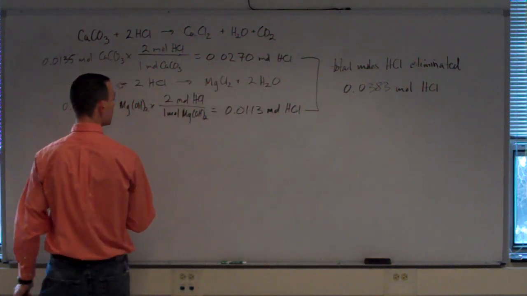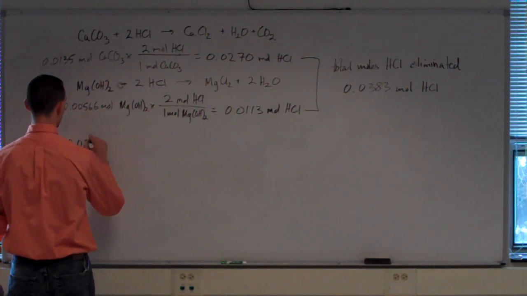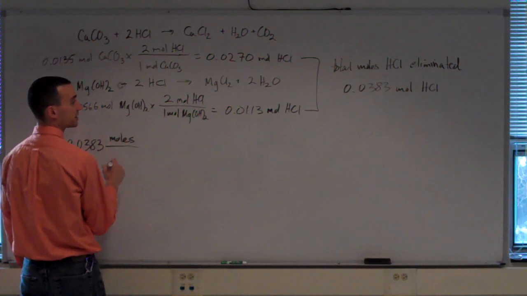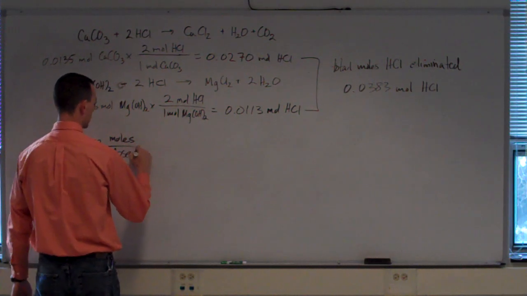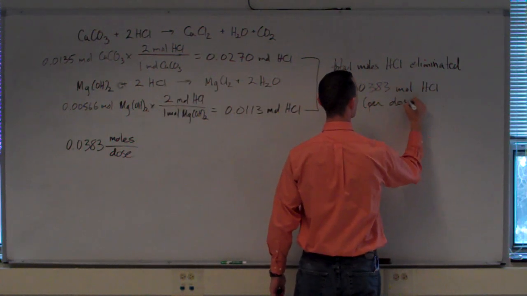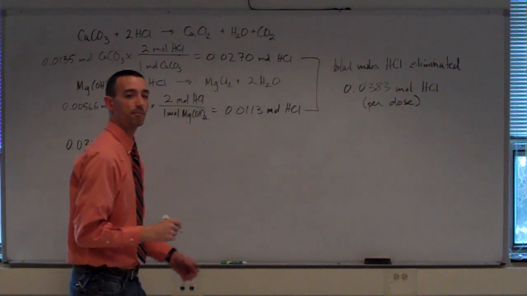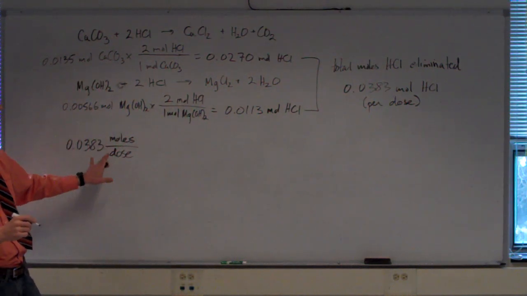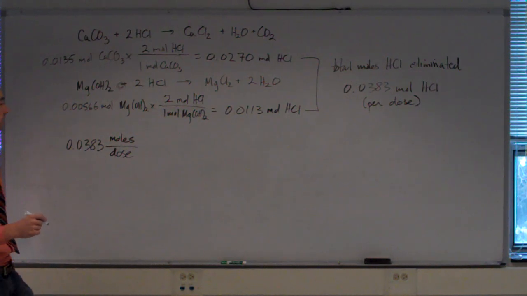So we'll begin question 3 with the 0.0383 moles neutralized per dose. Again, this is really per dose. When we have "per," that implies a denominator or a division. So we've got moles of HCl eliminated per dose.